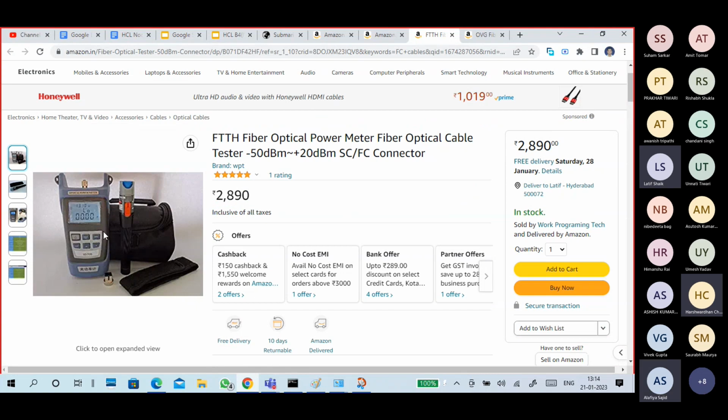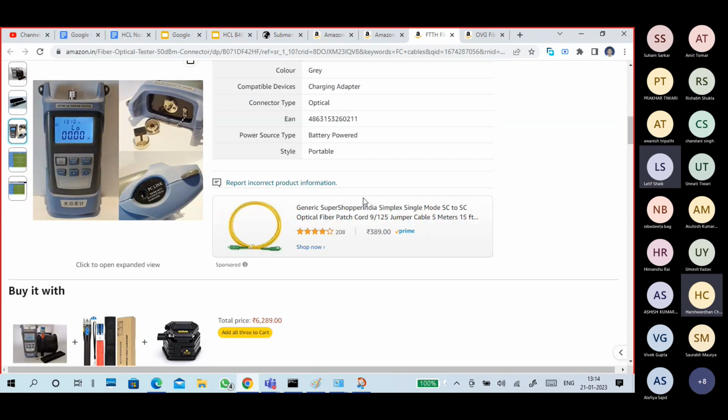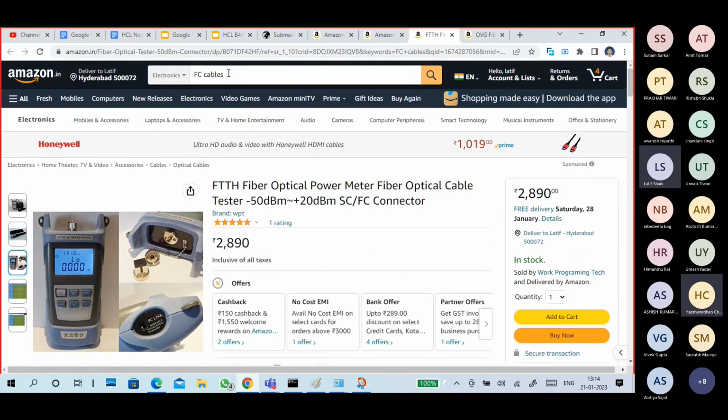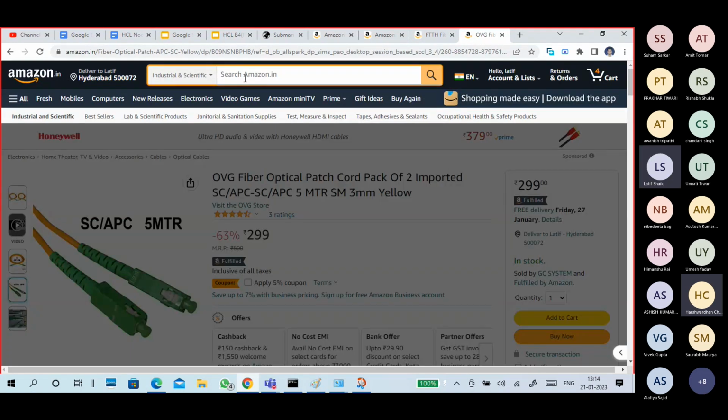Sir, what is the interface, what is the NIC for fiber optical cables? Okay, that I will tell you.